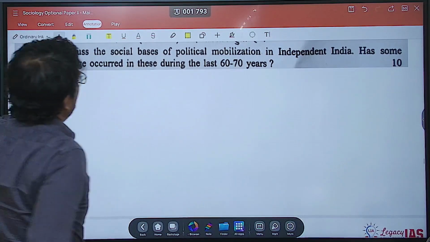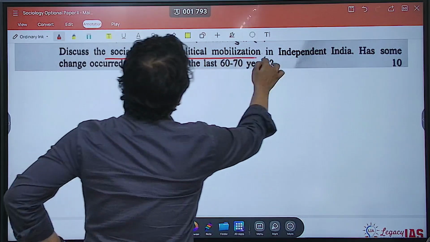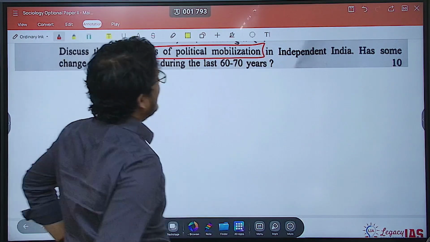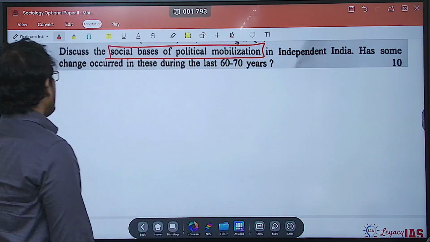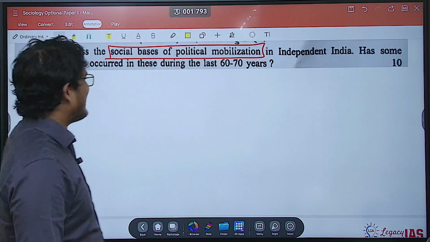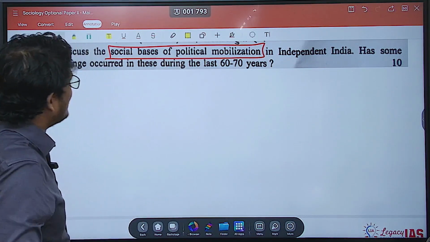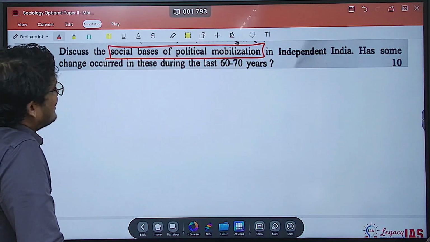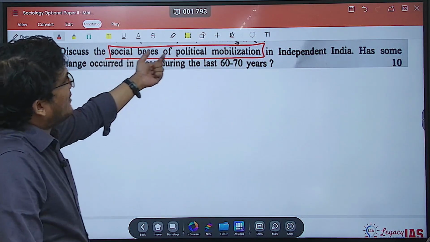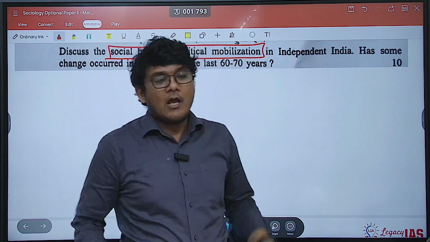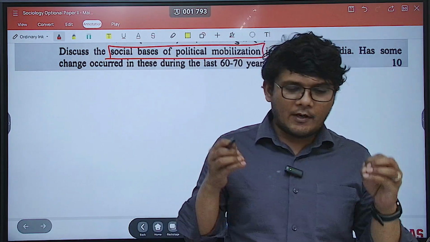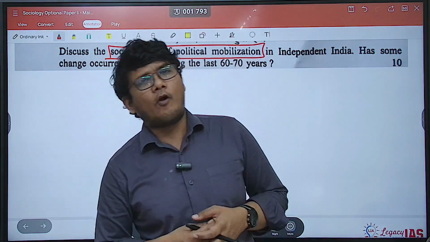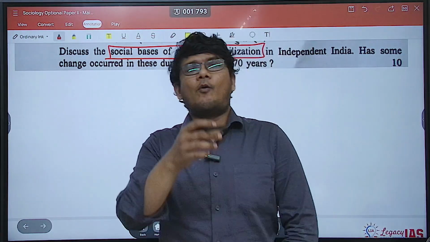Discuss the social basis of political mobilization in independent India. First off, has some change occurred in these during the last 60-70 years? So they are talking about discuss the social basis of political mobilization. That means when in democracy, the political parties would want to mobilize us, that is political mobilization.